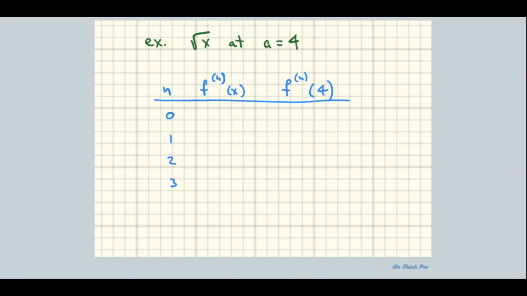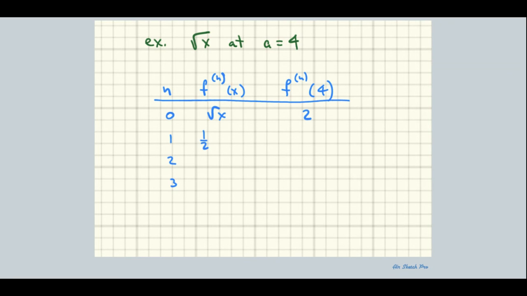Just get the first 4 terms. That's enough. Okay, so here, the function is just root x, or x to the 1/2. What's the function at 4? It is 2, yeah?